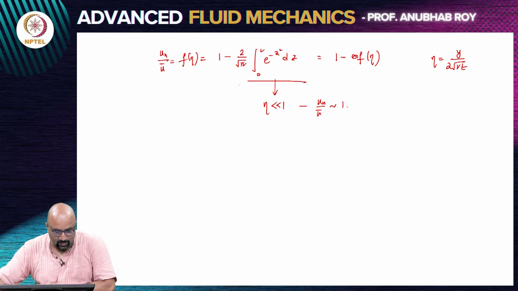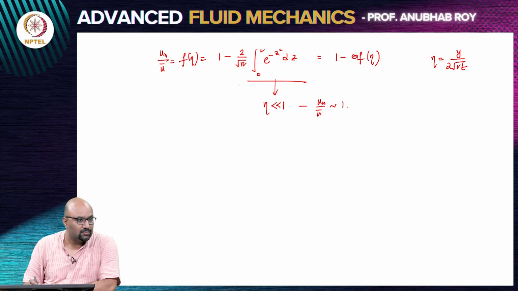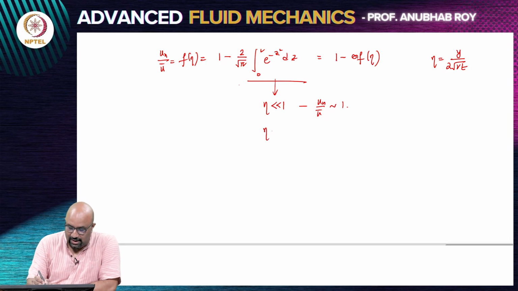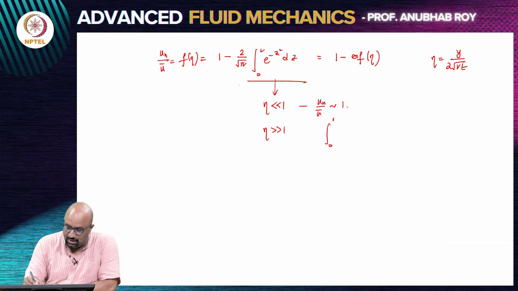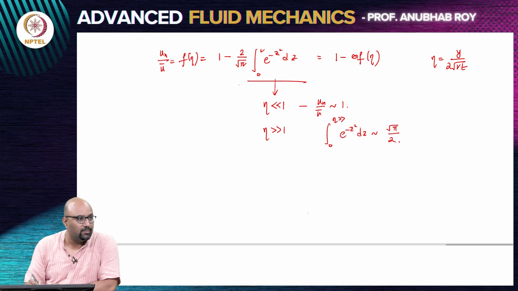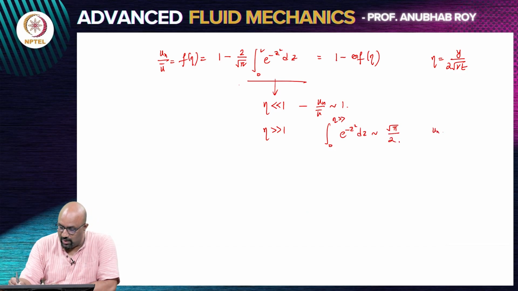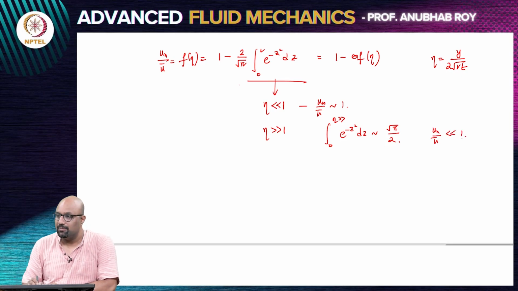And when eta is going to be large, when eta increases, then this integral from 0 to eta, for eta being very large, is approximately going to approach square root of pi by 2, which means your ux by u bar is going to become very small.